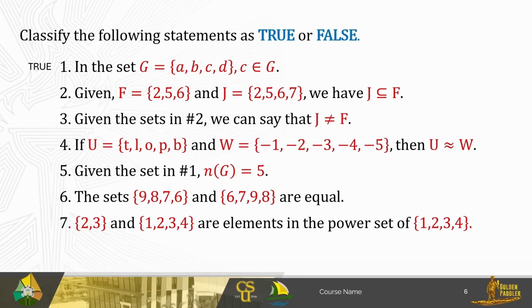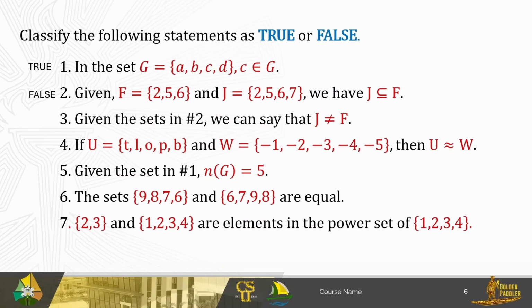Given F is a set containing 2, 5, and 6, and J is a set containing 2, 5, 6, and 7, we have J is a subset of F. Okay, so J is a subset of F? No, since J contains 7 and F does not contain 7. So this is false. You are correct.